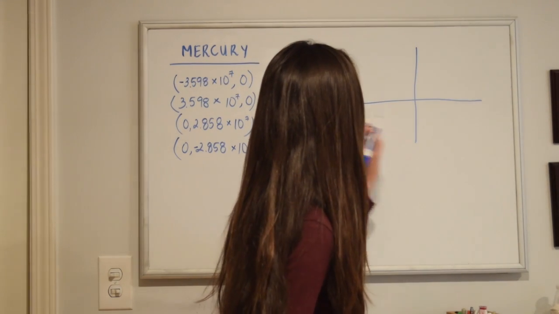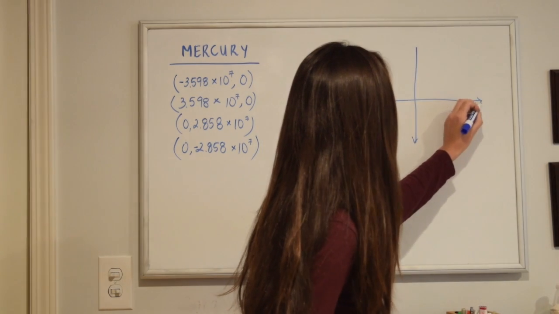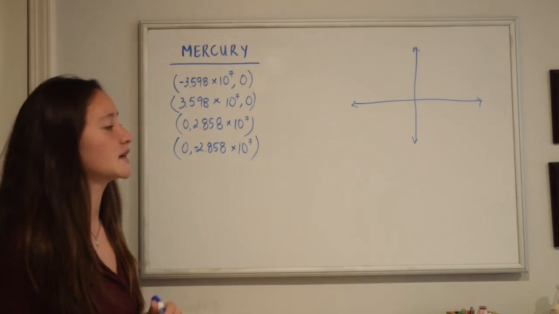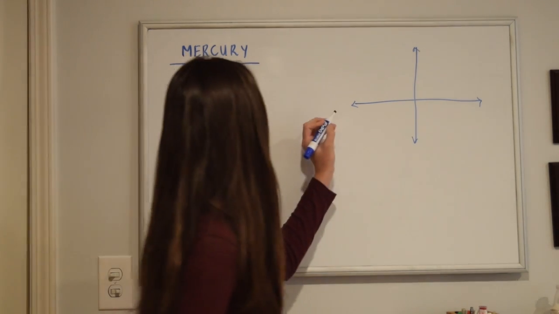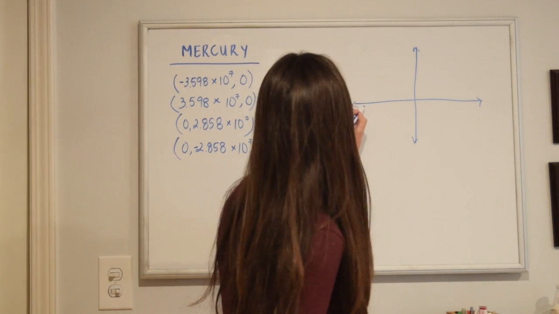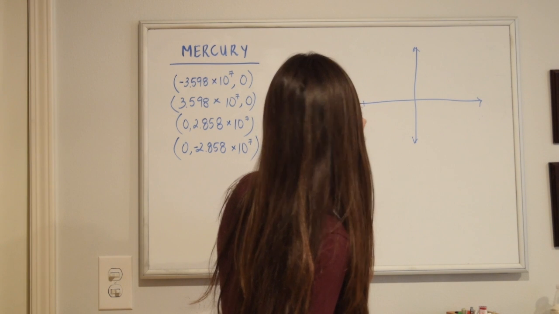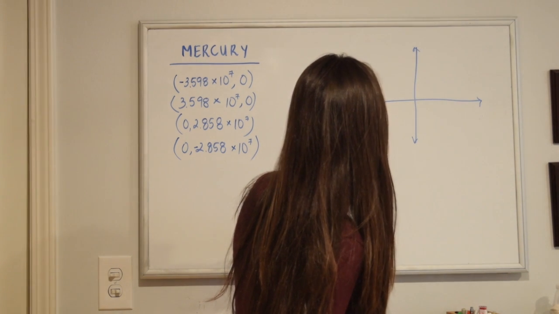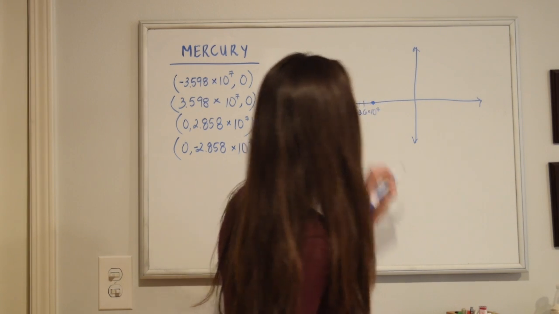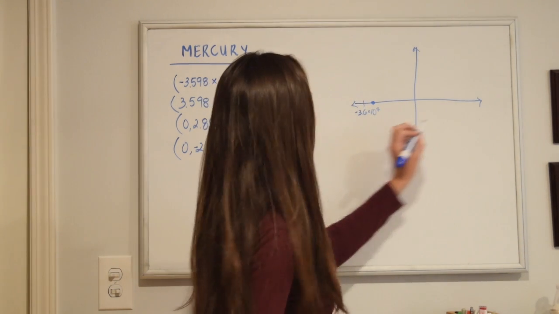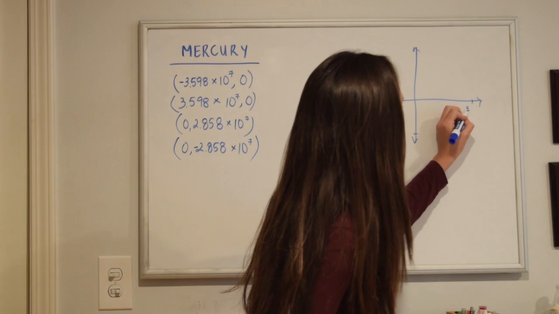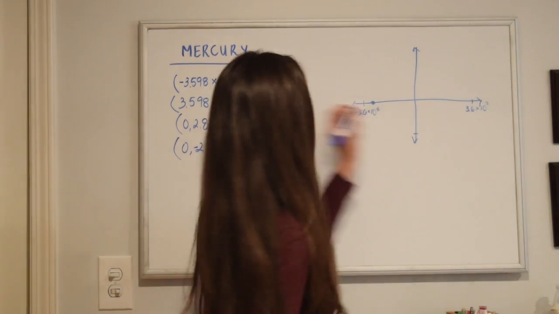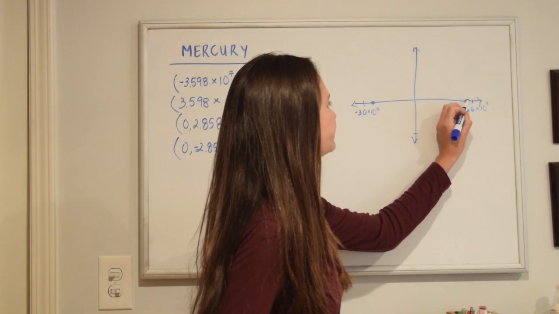X and Y axis. So you have negative 3.598 times 10 to the 7th, so that's going to be around here, and this is going to be around here.